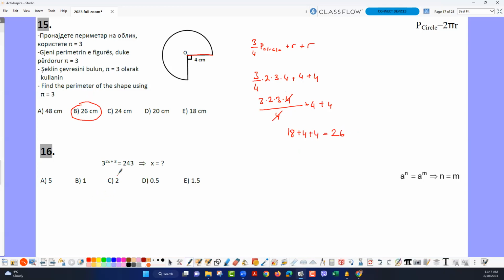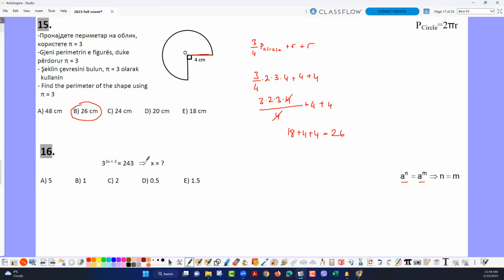This is the question 16 now, I'm starting. In this question, we have to solve 2x plus 3 to the power of 2x plus 3 is equal to 243. Exponential methods we have to use, but before starting, I need to remember the same bases with powers, then powers should be equal to each other.